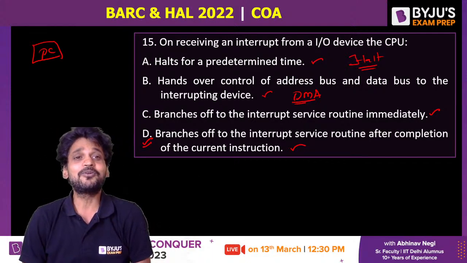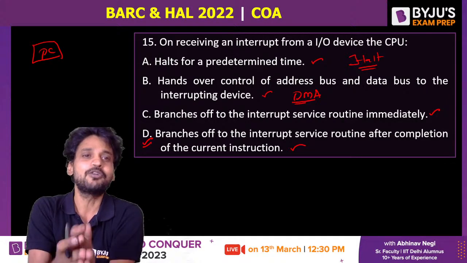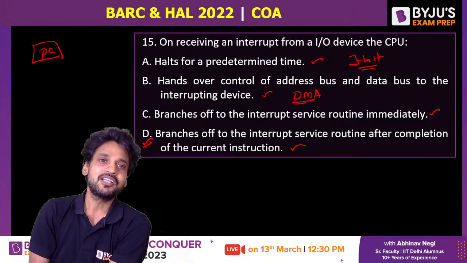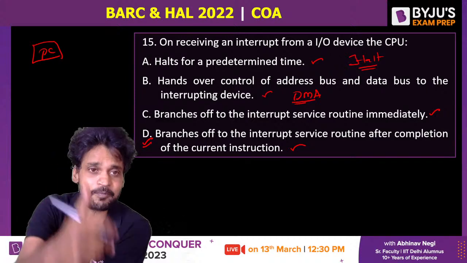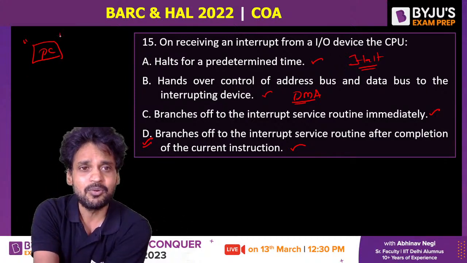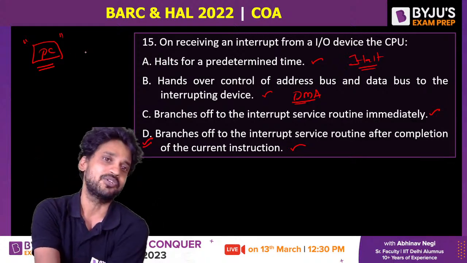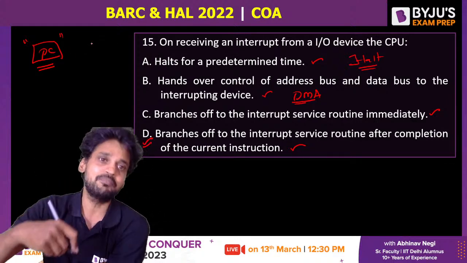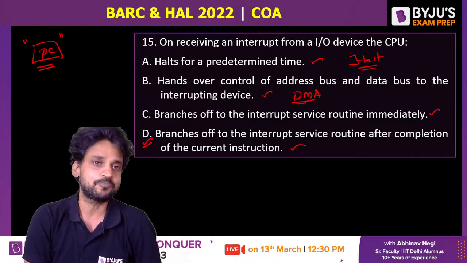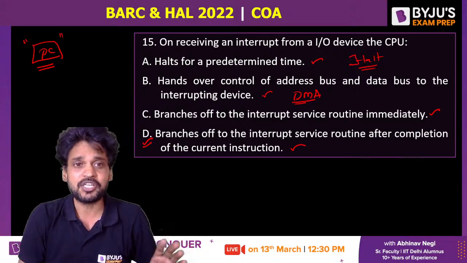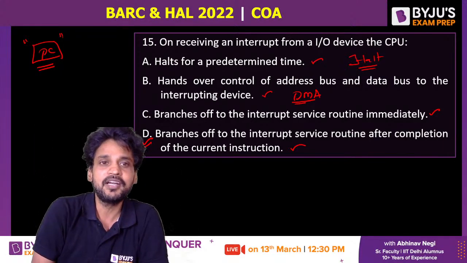So in order to service the interrupt, every CPU must first finish the current instruction, because the only provision associated with the current program is the program counter. The only knowledge that we have is the program counter, which is the address of the next instruction. So the next instruction can be fetched when I come back to execute this program, but not the current instruction. The current instruction should always be executed. I hope I made myself clear.